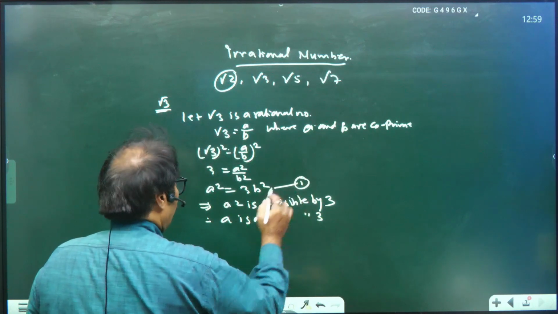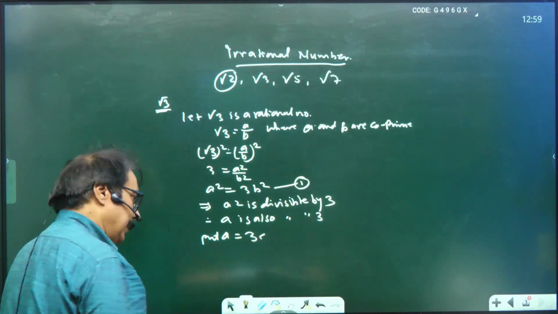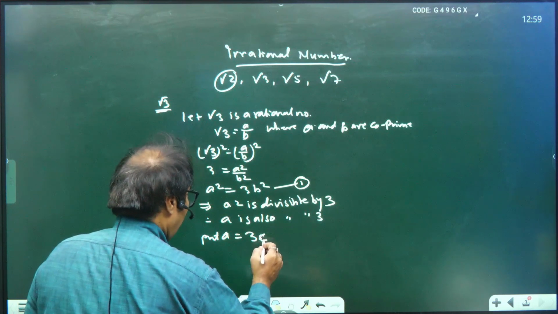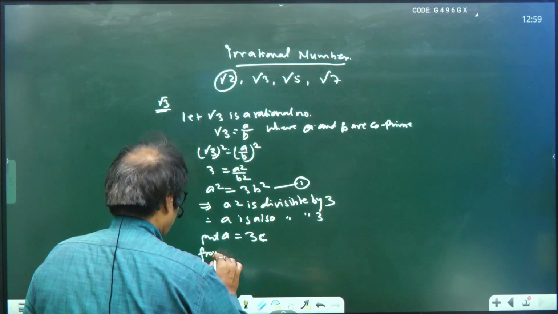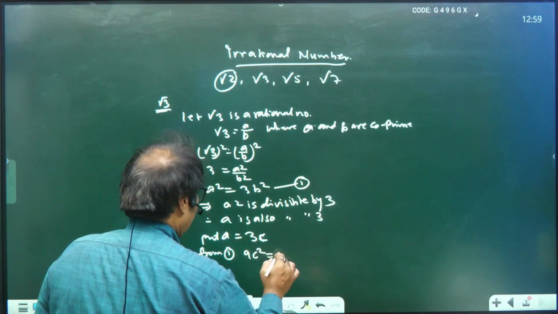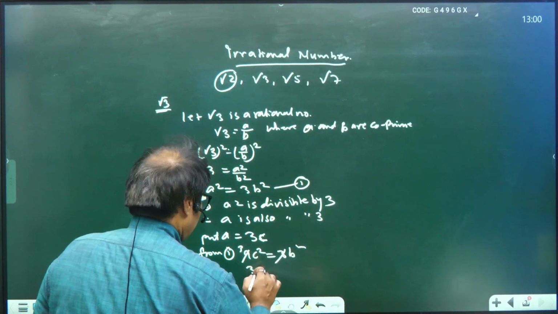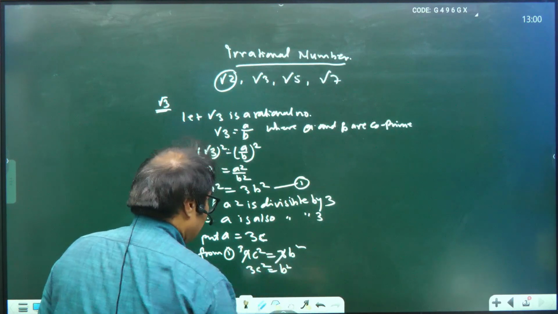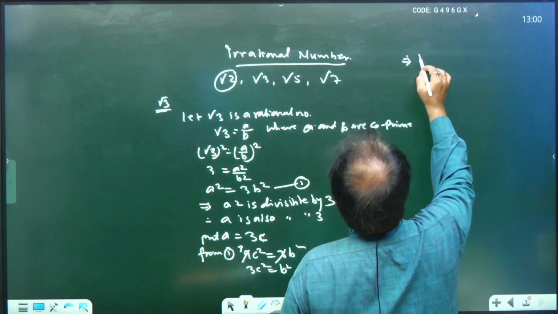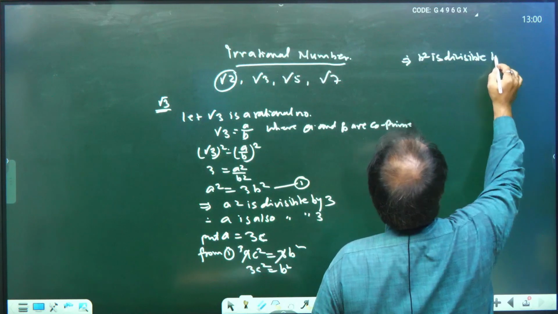And now put a equal to 3c. From the first, 9c square is equal to 3b square. So this cancels out, so 3c square is equal to b square. It means that this implies that b square is divisible by 3.